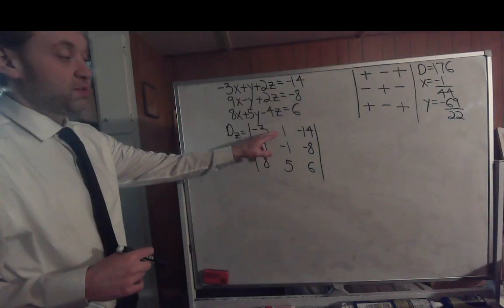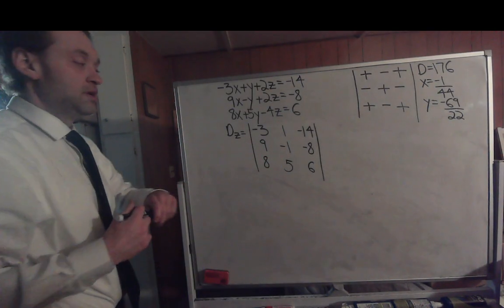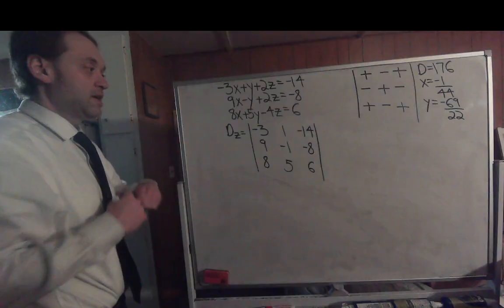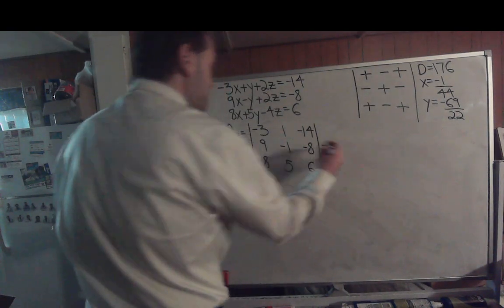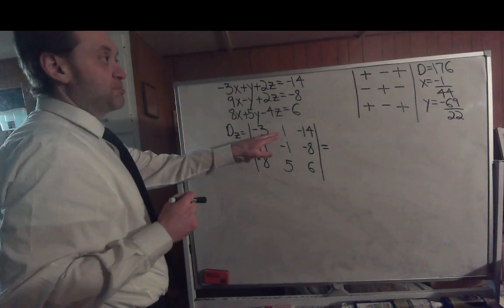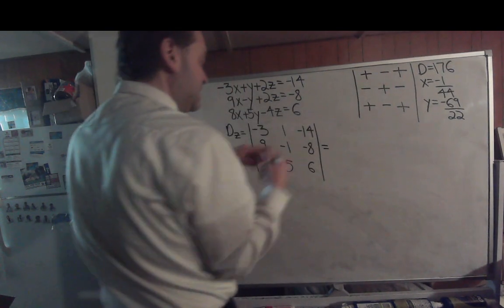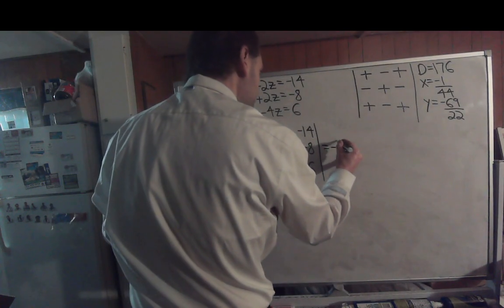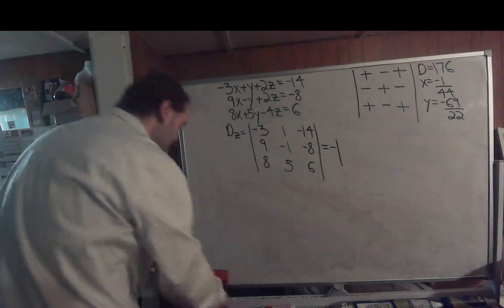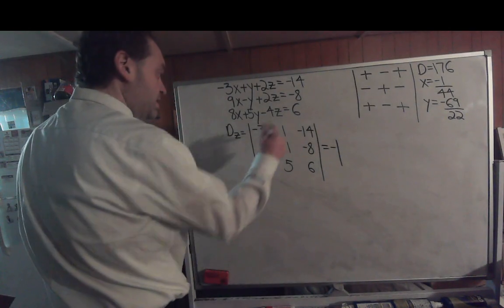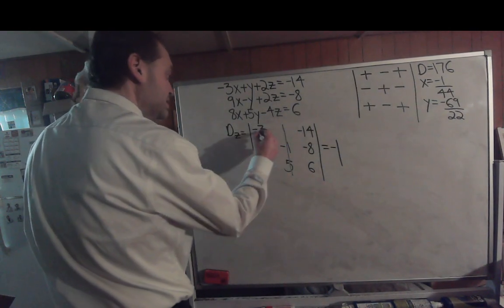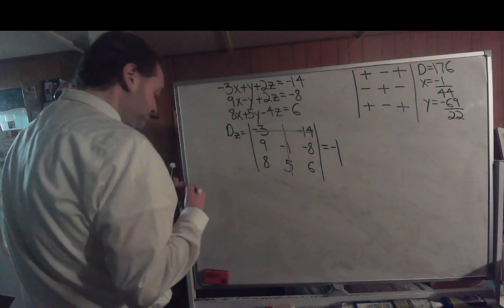I think we'll work with the second column this time, since we have two 1s in there. So my first entry in the second column is a positive 1, but according to my coefficient matrix, I need to negate that. So it'll be minus the resulting determinant of whatever is left over when I strike out that second column, and this time the first row.